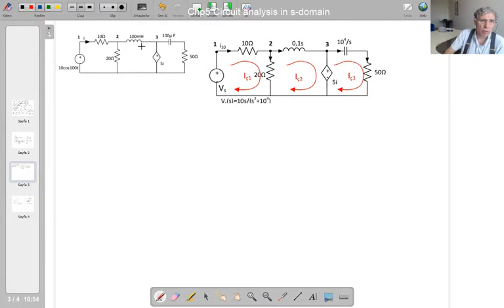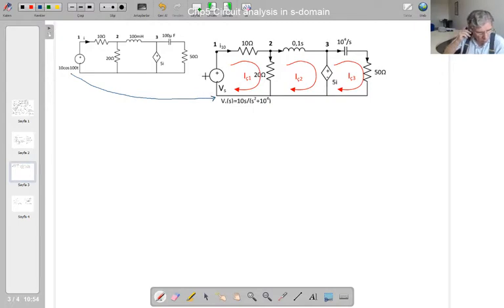So the impedance of the inductor is 0.1 S. The impedance of the capacitor is 10 to the power 4 over S. And then the independent voltage source voltage transfers from time domain to the S domain, which is this.